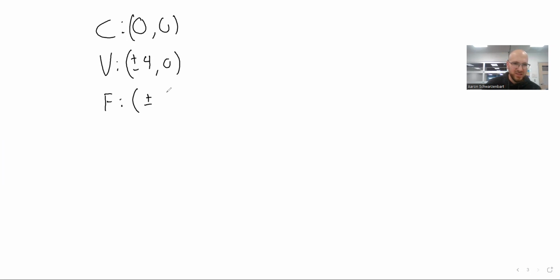Foci at plus or minus 5, 0. So this is moving along the horizontal axis. And here are my vertices, and then my foci, let's make those red, are out here.